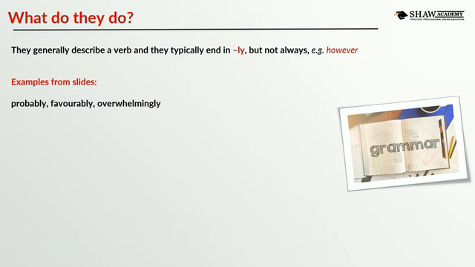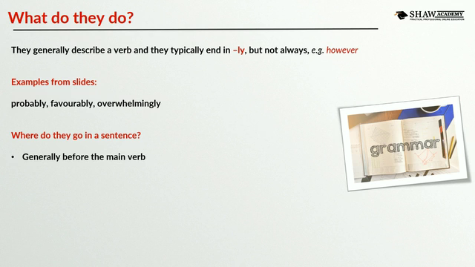So let's look at examples from the slides. Probably, favorably, overwhelmingly. Now, where do they go in a sentence? So, where do they go in a sentence, guys? Who can tell me? Where do adverbs go in a sentence? Now, oh yeah, lots of people answering this.